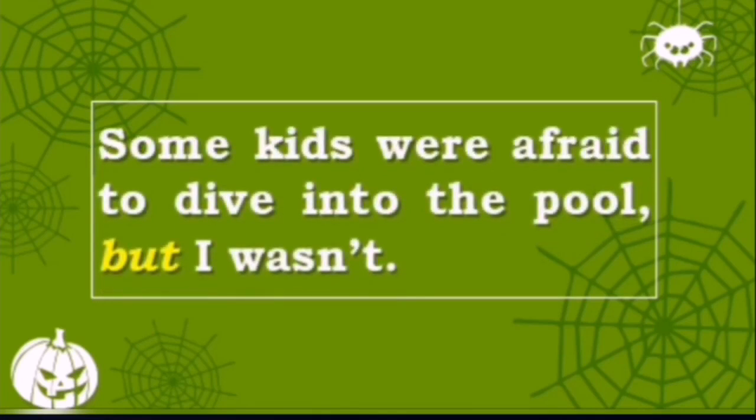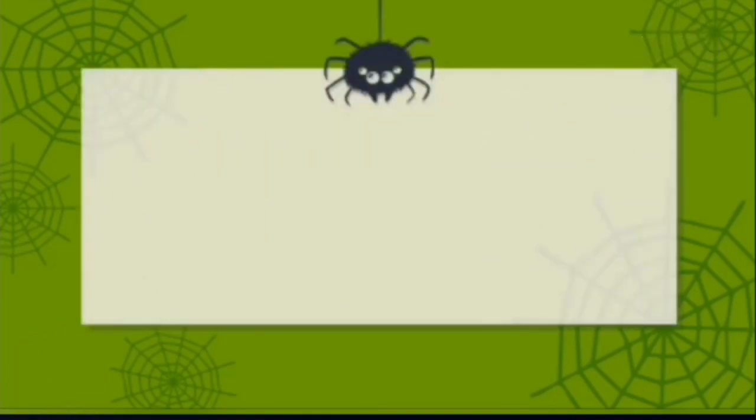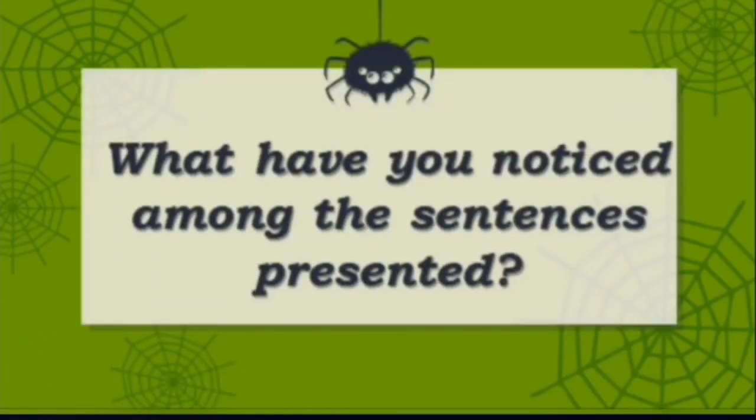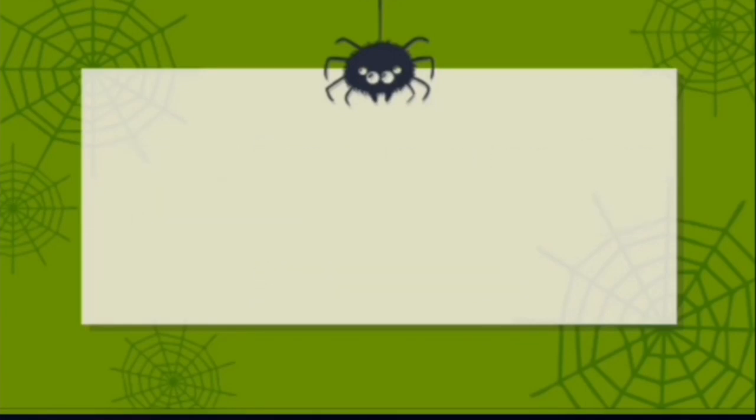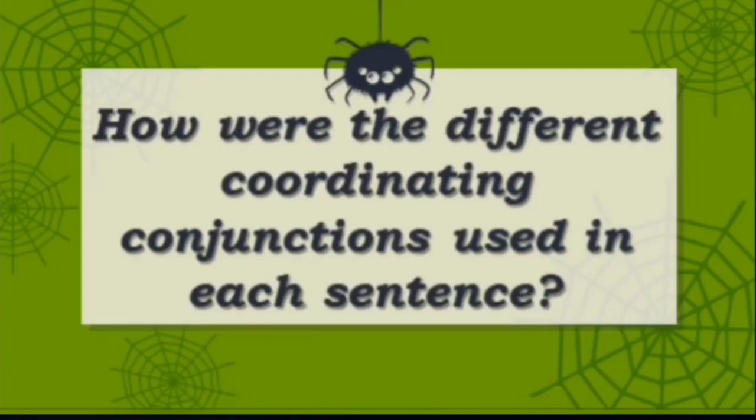Some kids were afraid to dive into the pool, but I wasn't. What have you noticed among the sentences presented? How are the different coordinating conjunctions used in each sentence?